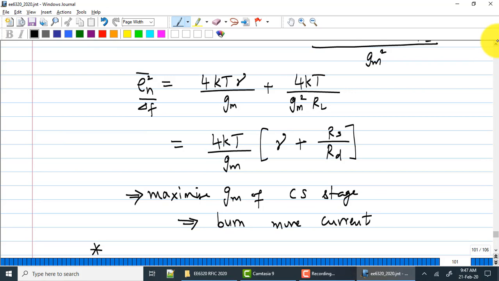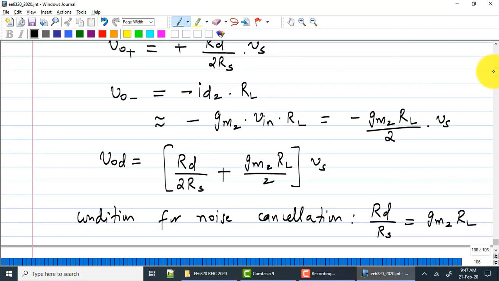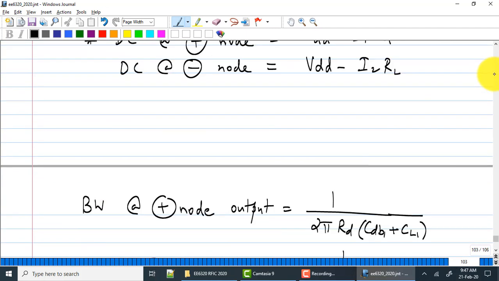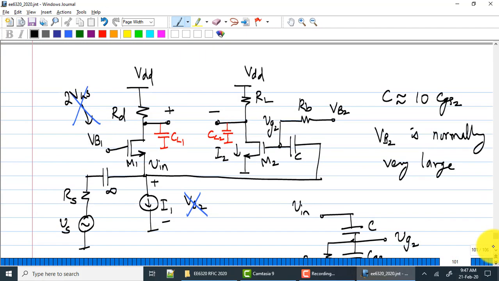Now, what about noise of the current source I1? Let us say I1 was an NMOS transistor. It's a current source. I mean, it's a current sink. It is pulling out the current from that node. So I1 is an NMOS transistor, M3. It has some noise IN3. What happens to that noise?